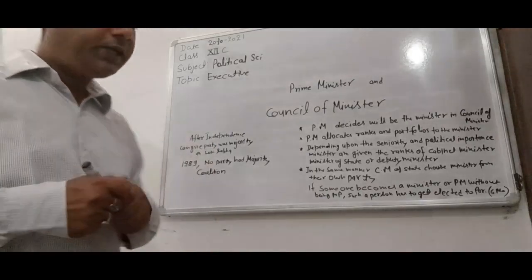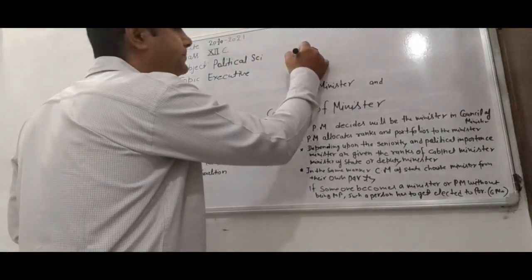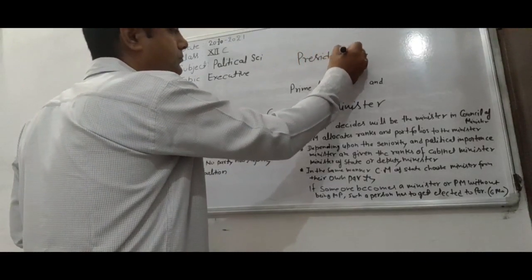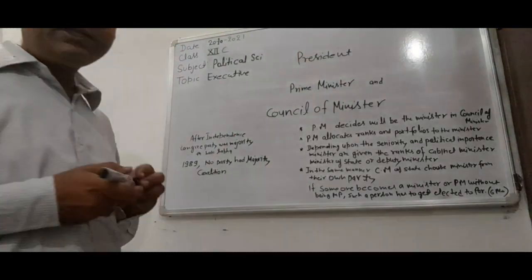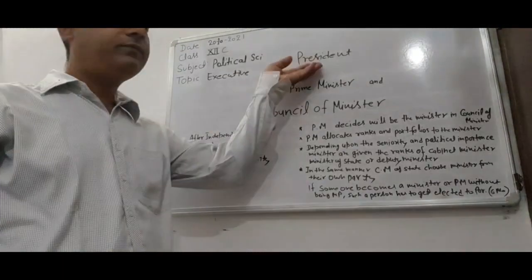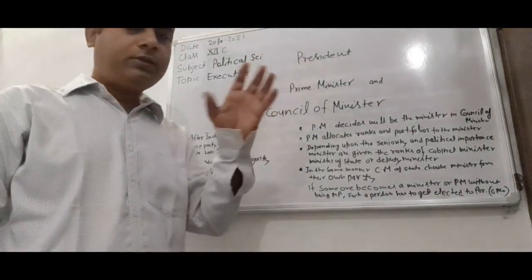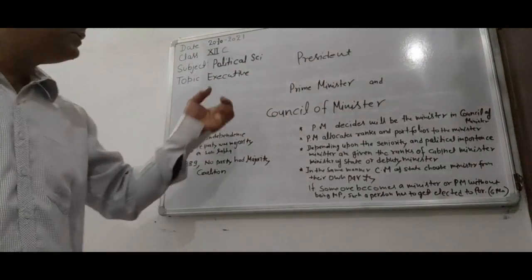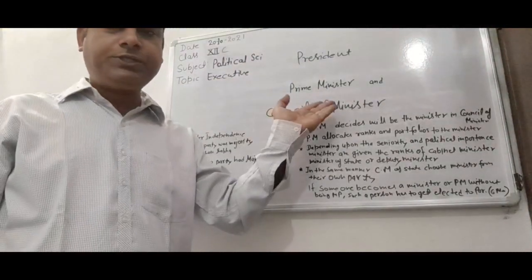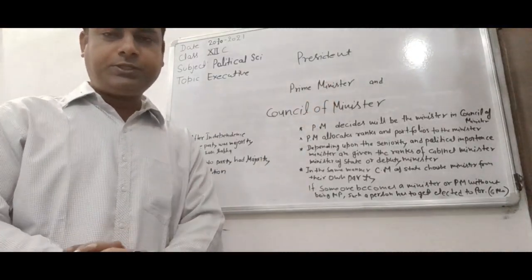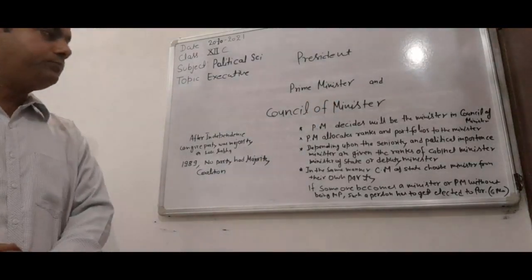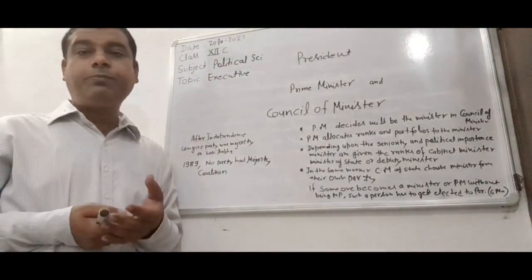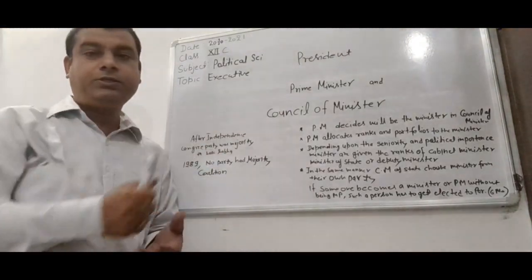The President is the chief executive, but the most important and real executive is the Council of Ministers headed by the Prime Minister. Class, there is no Council of Ministers without a Prime Minister.